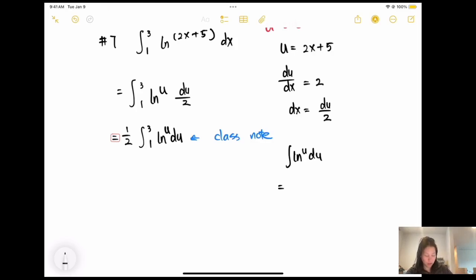What we're going to do is let u equal to x, and then I will get u ln of u minus the integral of u times 1 over u du. Simplify, I have u ln of u, and then minus the integral of 1. So this gives me a u.